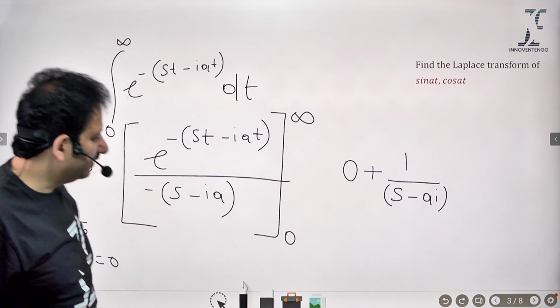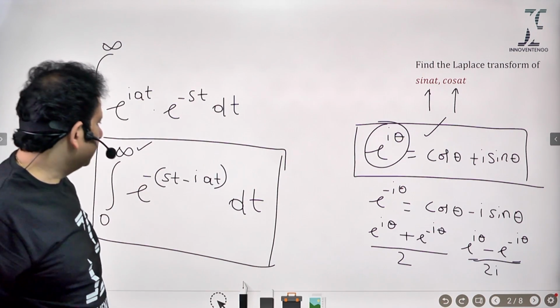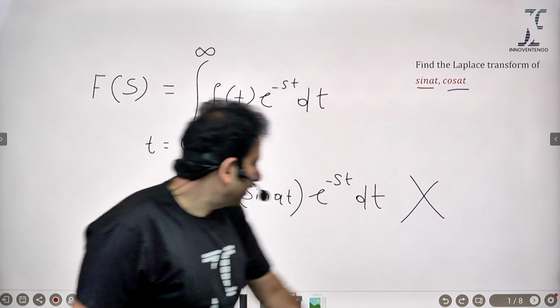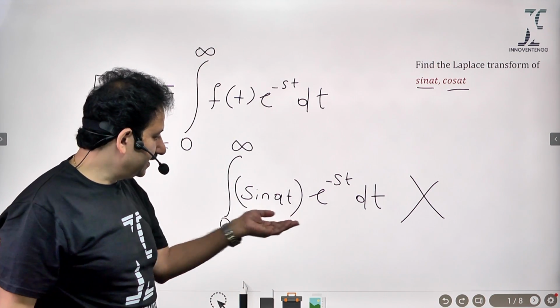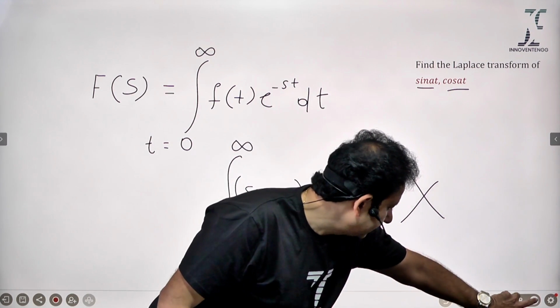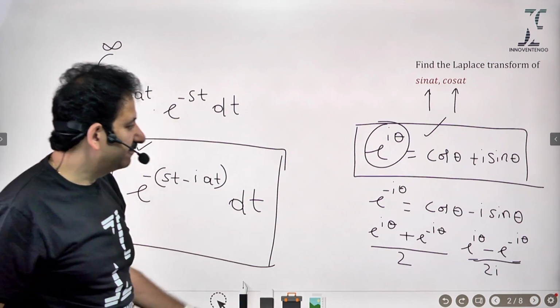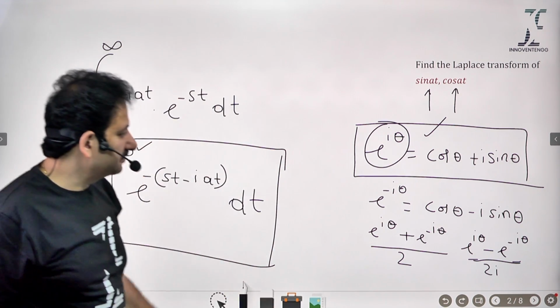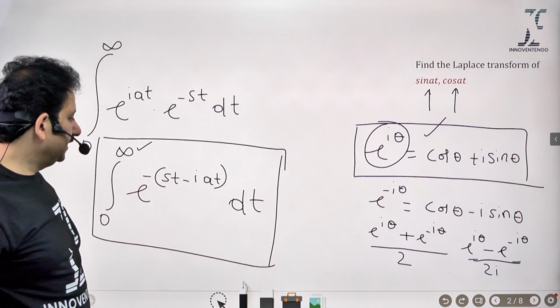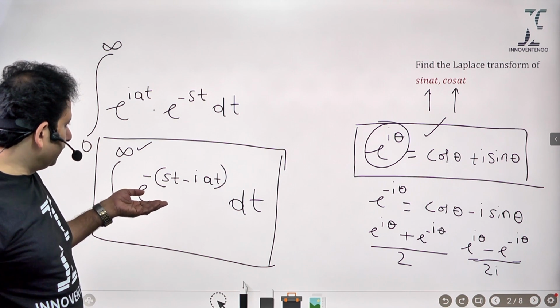What we did, we in fact started with the idea of integration by parts, which we rejected because of the unnecessary labor it would demand. And as a consequence, we remembered the Euler definition, which is very, very important, and we implemented it here.